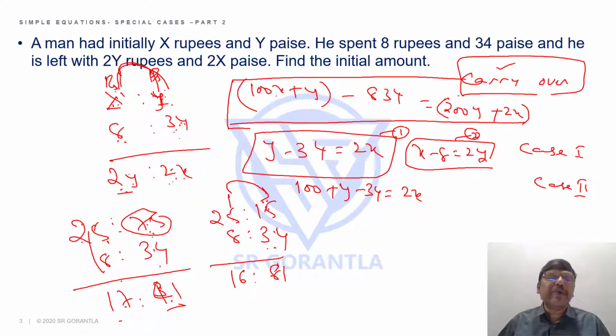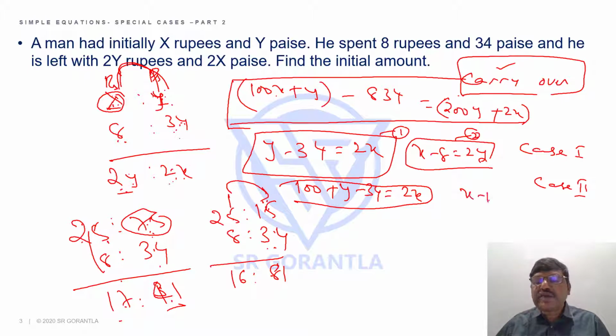Second, since I already borrowed 1, x minus 1 rupee is left over here, minus 8 equals 2y. This is another equation. So I have to solve these two cases.